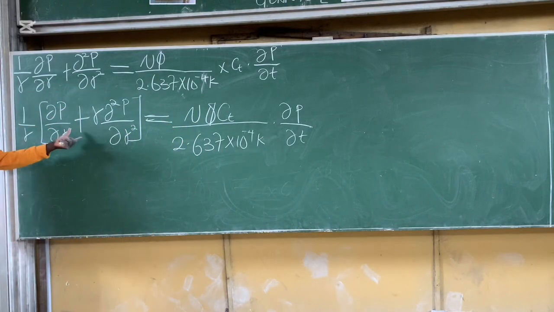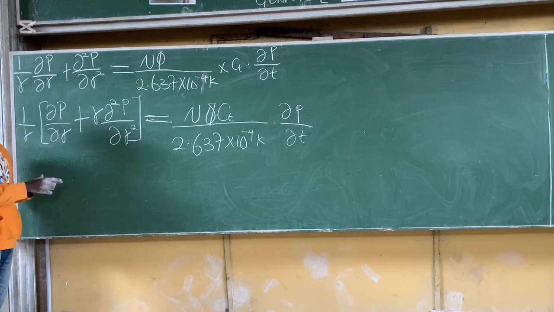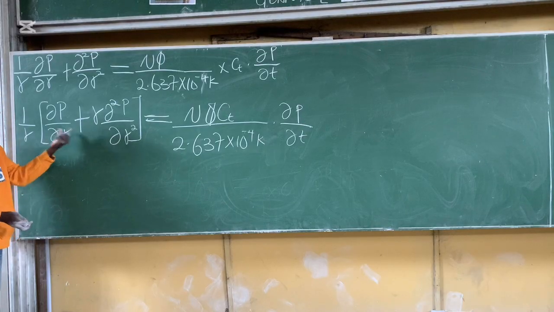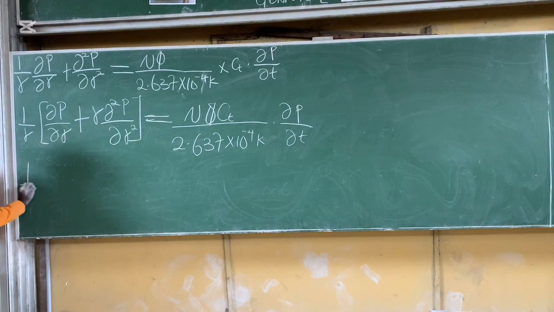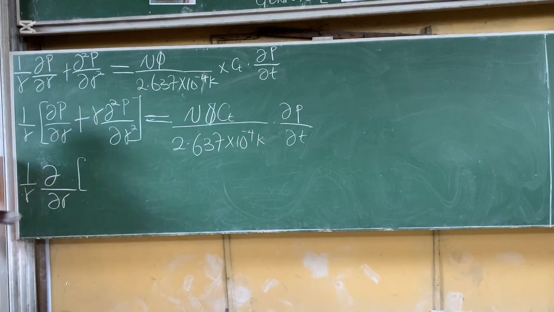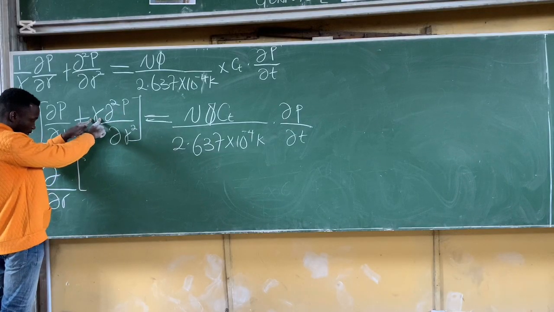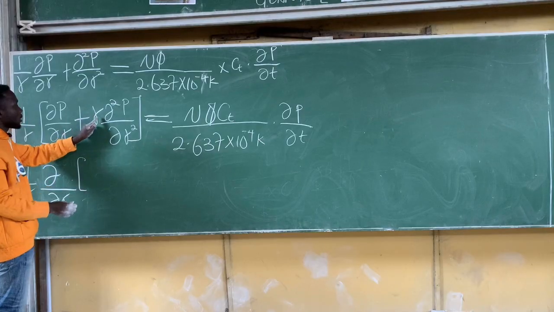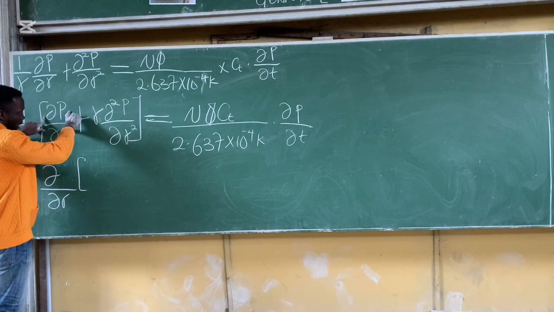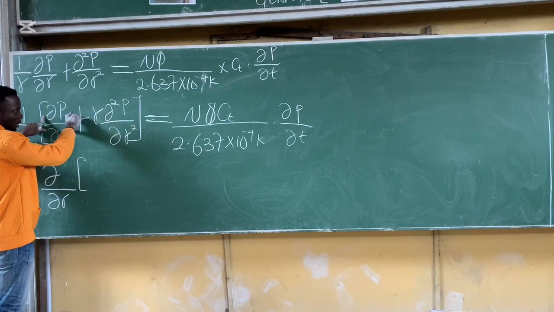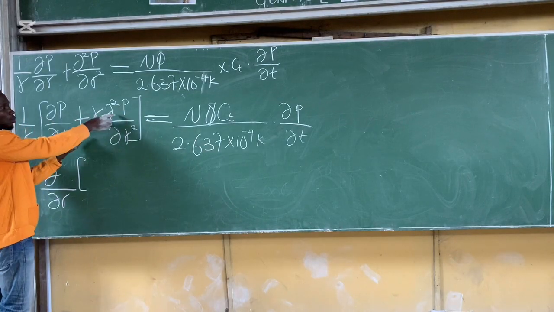So the next step now, since we have this kind of expression, we can express what we have in this bracket in terms of product rule. How do you express this in terms of product rule? To express this in terms of product rule, you can simply say that this is the same thing as d divided by dr of, remember, if we take this one and differentiate it, we are going to go back to this expression.